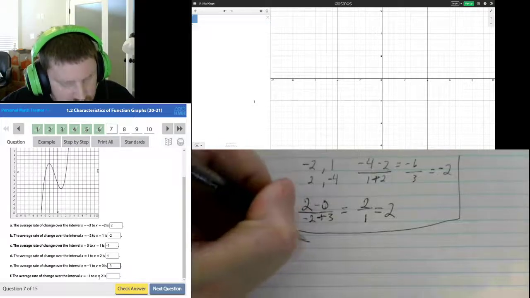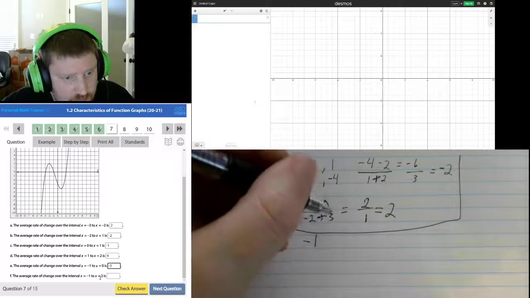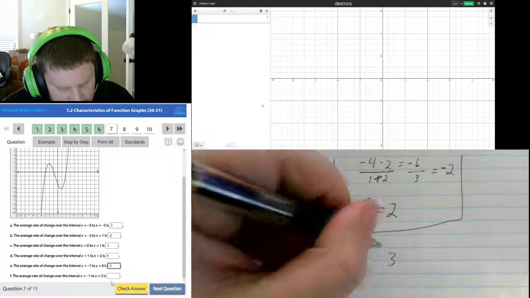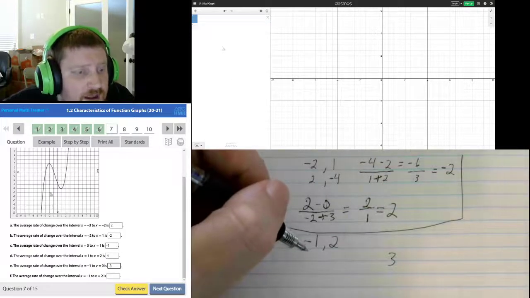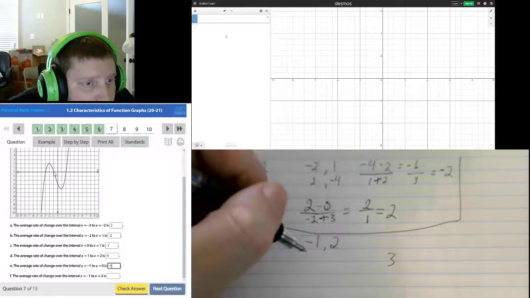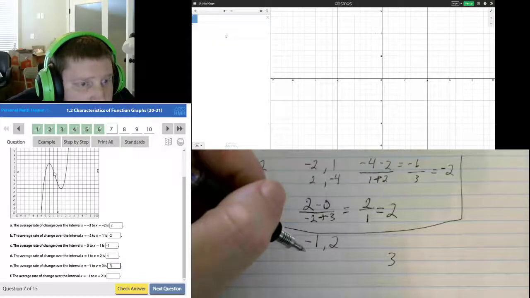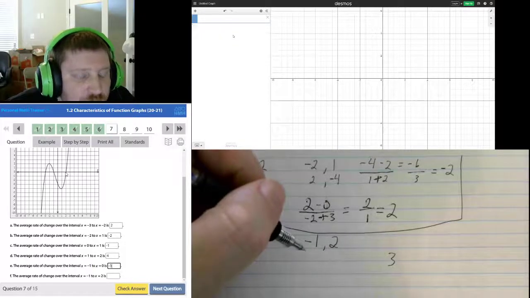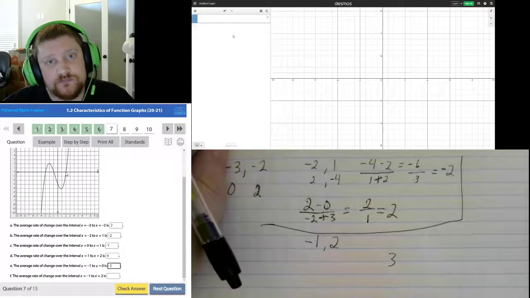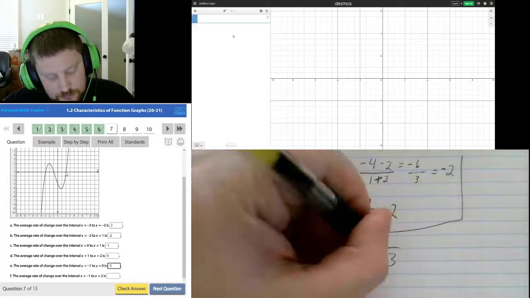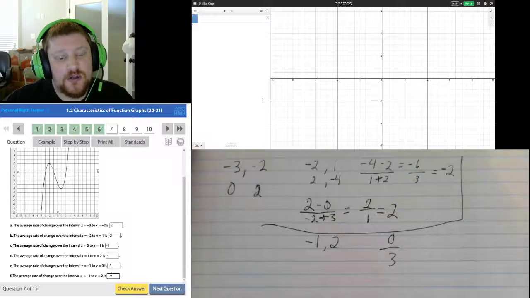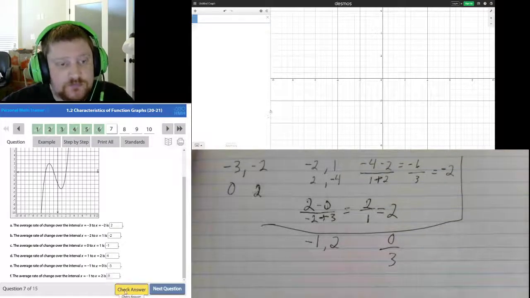So we're going from -1 to 2. That means we're moving 3 over. And -1 is 0. 2 is also 0. So we're not moving up or down at all. So that means it's 0 divided by 3. Since we're not moving up or down at all, the average rate of change is 0.